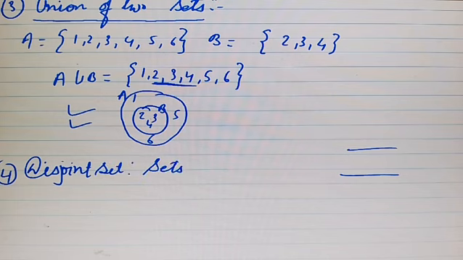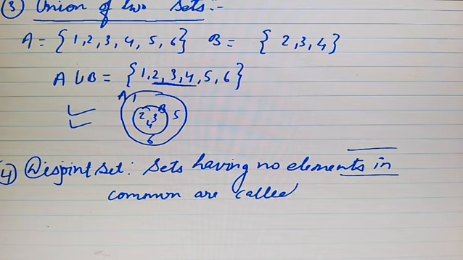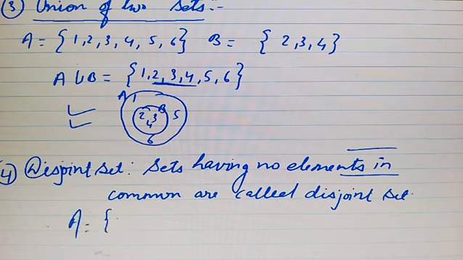Sets having no element or object in common are called disjoint sets. As an example, A is equal to 1, 2, 3 and B is equal to 5.